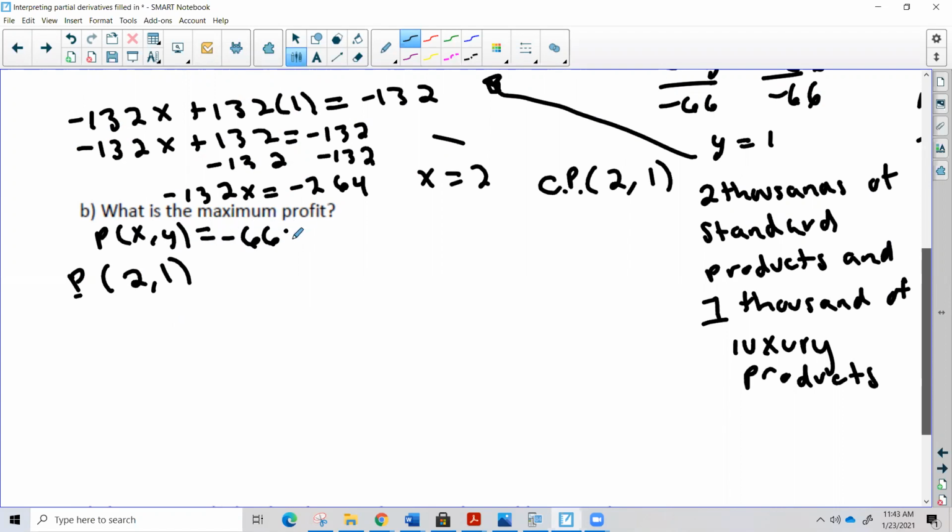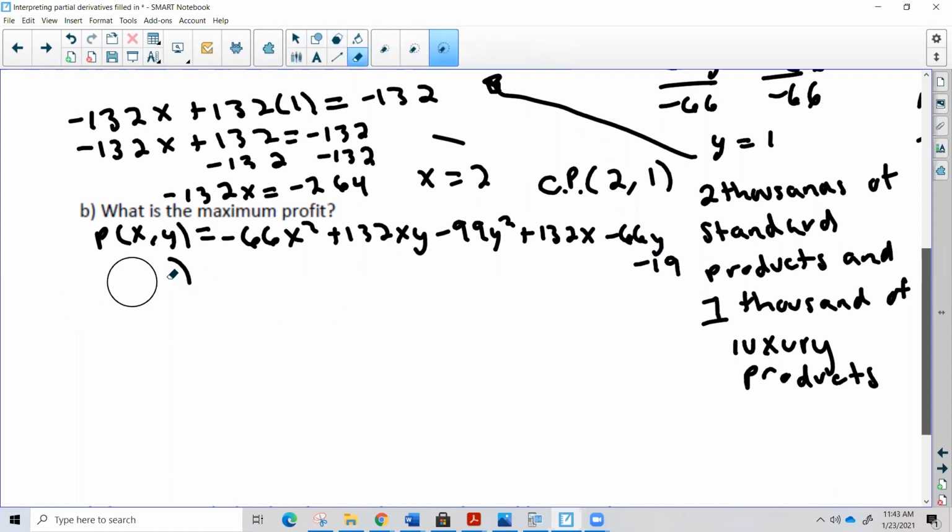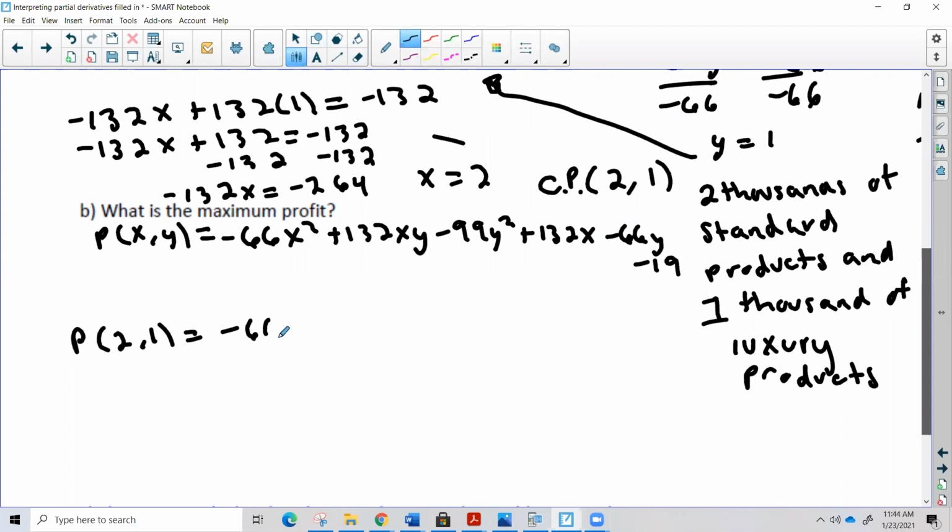So it's negative 66x squared plus 132xy minus 99y squared plus 132x minus 66y and then minus 19. Okay, so for 2, 1, I'm going to plug in a 2 anywhere I see an x, and a 1 anywhere I see a y.